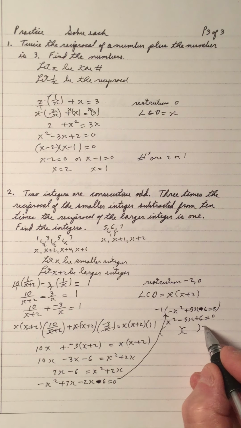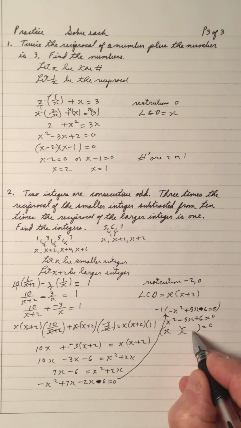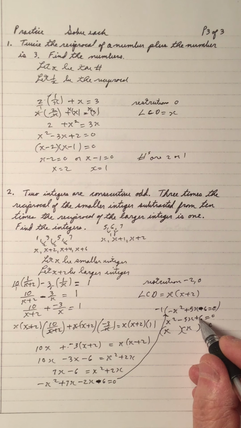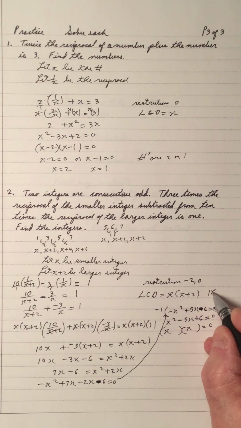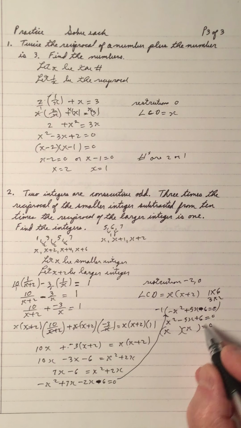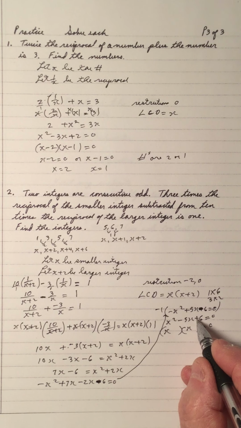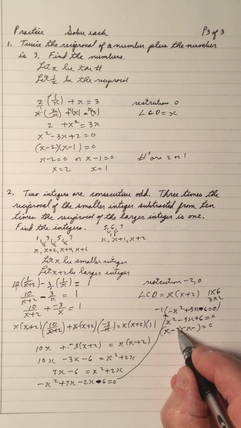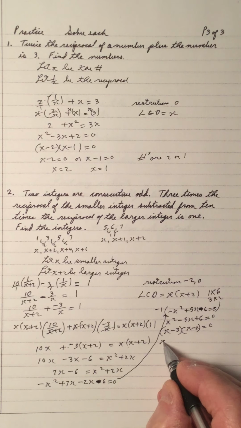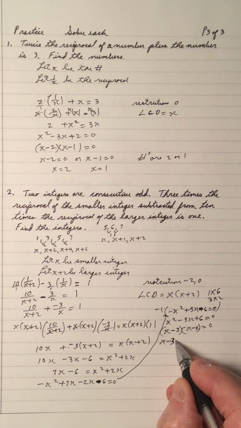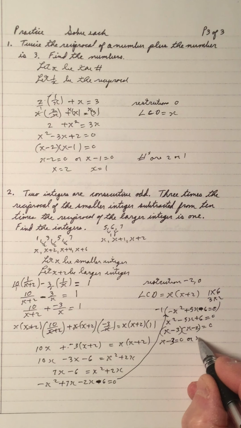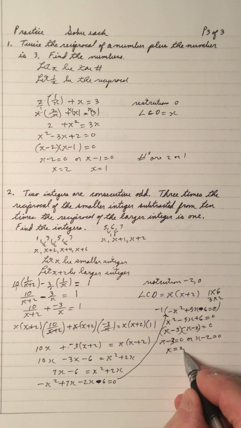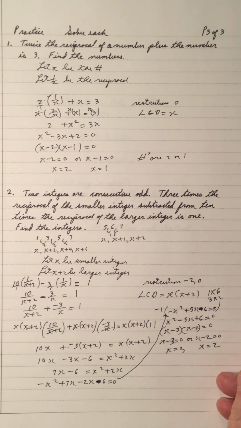Now this is factorable. X squared is x and x, the factors of 6. The factors have to add up to give you 5, so it's 1 times 6, so it's 3 times 2. Because this product is positive 6 and the sum is negative, I got 2 negatives. So it's got to be 3 and 2. So x minus 3 equals 0, or x minus 2 equals 0. So x is 3, or x is 2.